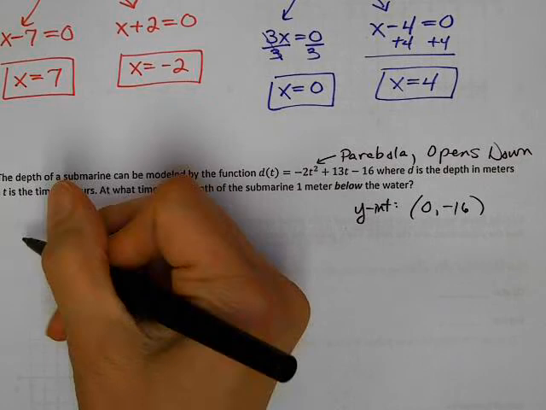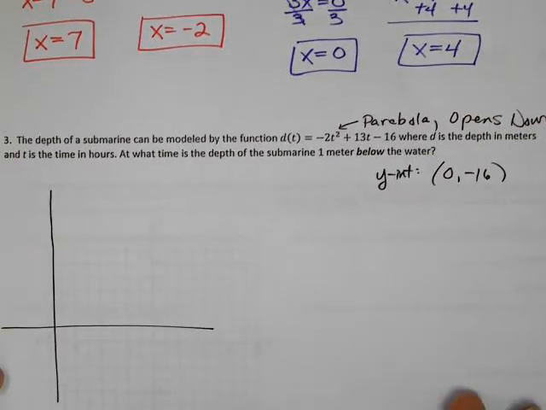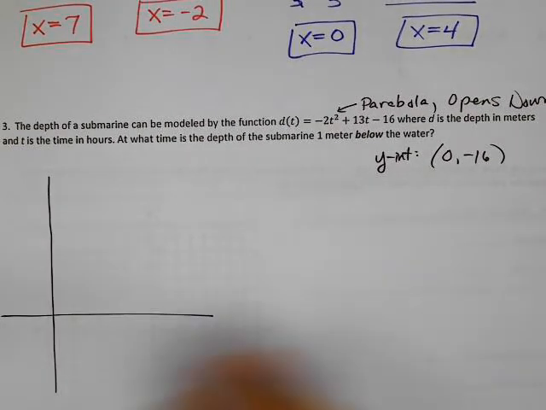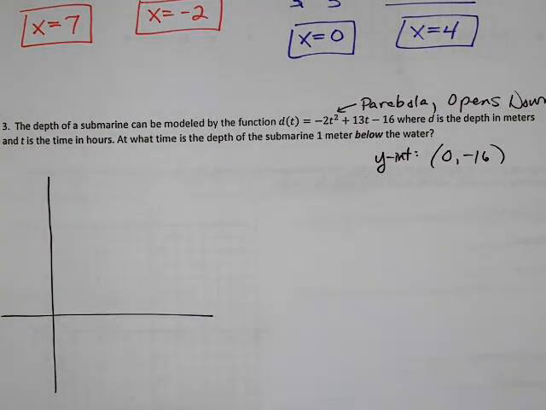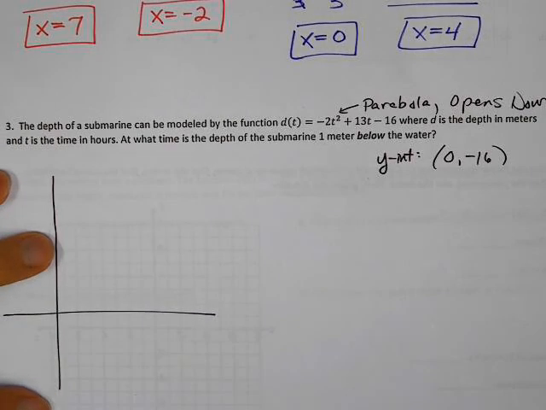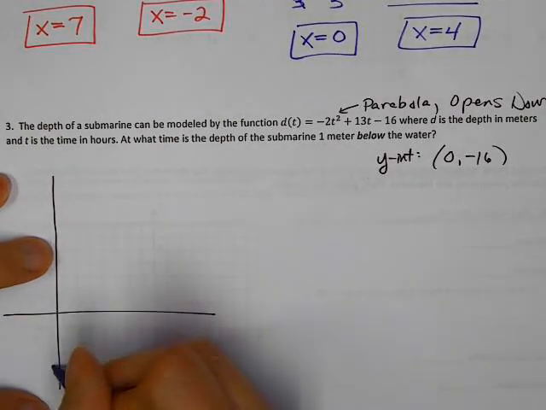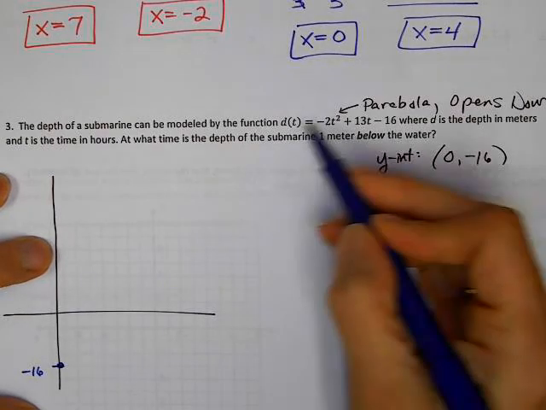Okay, so if I were to look at more of a general equation and add a very detailed graph here, the y-intercept would be negative 16. So that's going to be down here, negative 16. And I know the parabola is opening down.